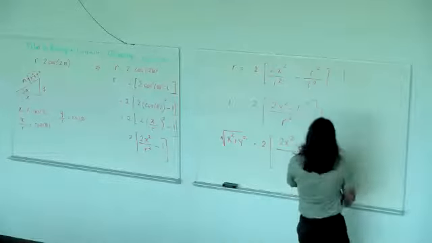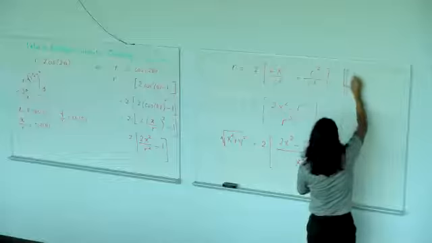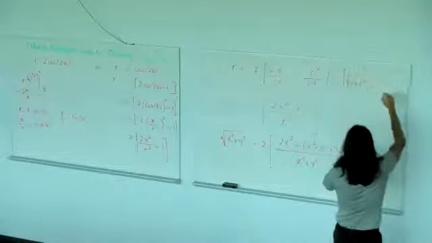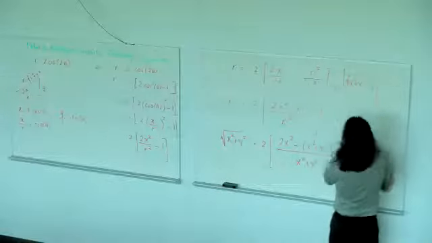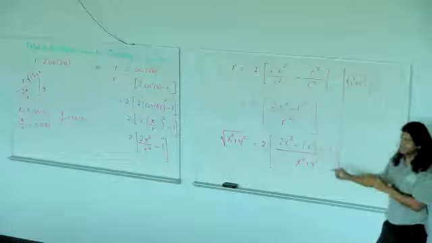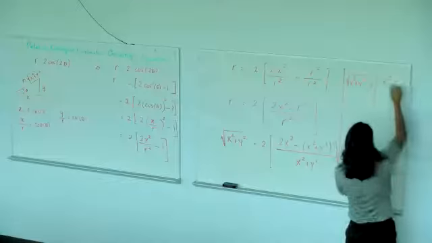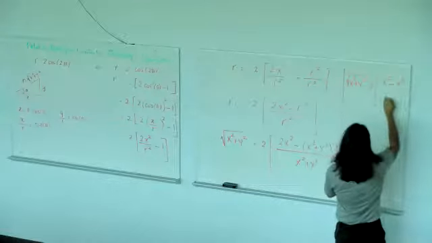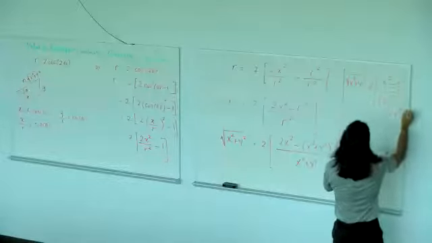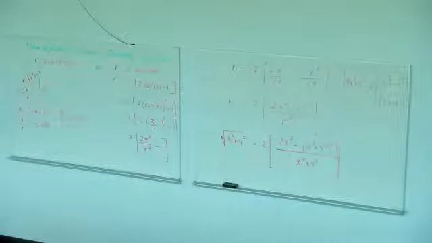Distribute the minus in: 2x squared minus x squared is x squared, minus y squared, over x squared plus y squared. Good.